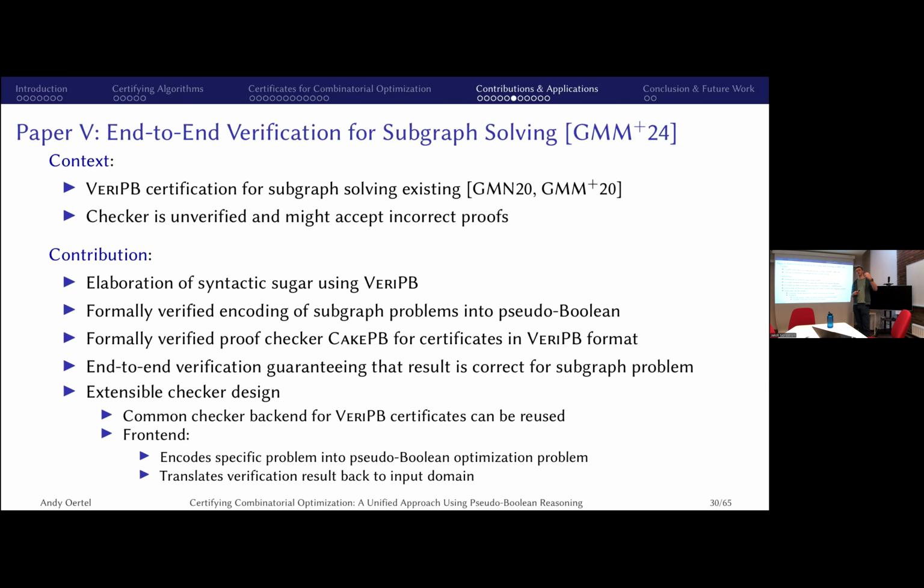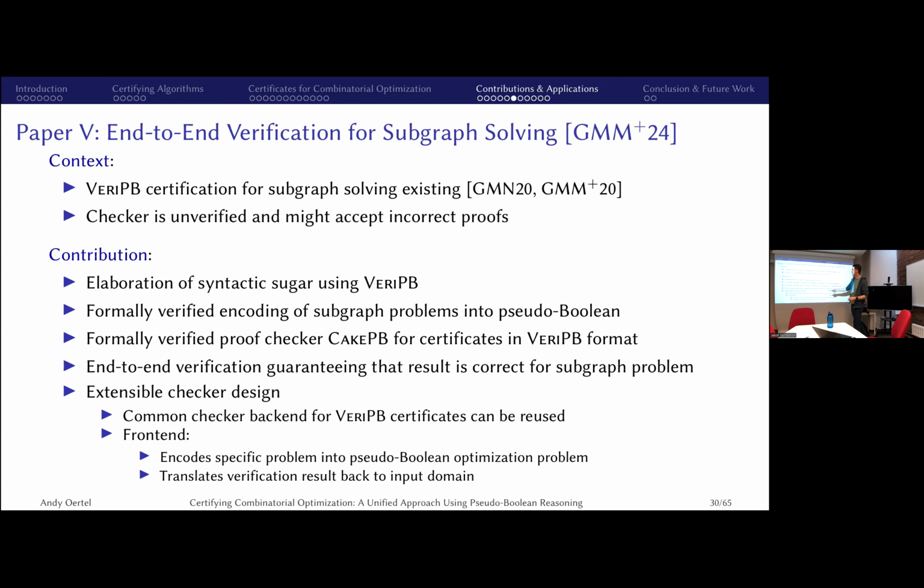We also formally verified the checking of VeriPB certificates in this proof checker CakePB. And together with this, we get end-to-end guarantees: because we have a formally verified encoding, we can start from the original encoding of the problem to the result. We have a guarantee that the result returned by the formally verified checker is correct.